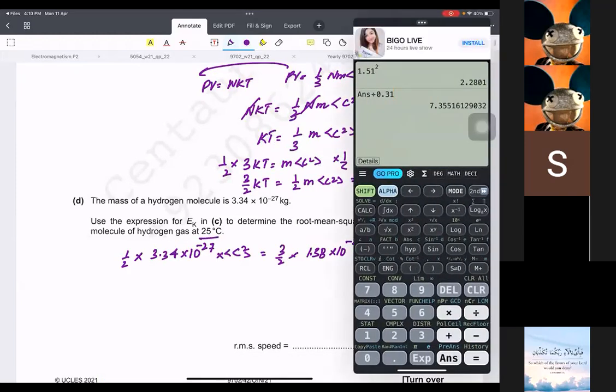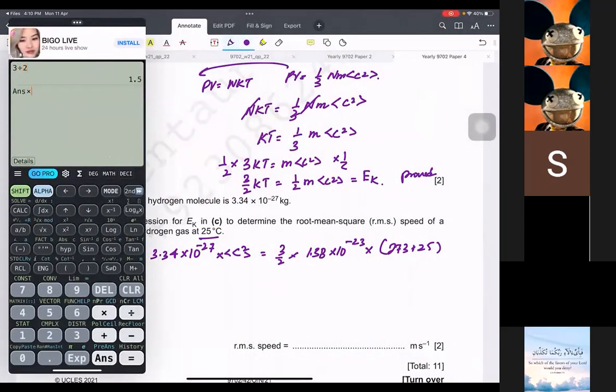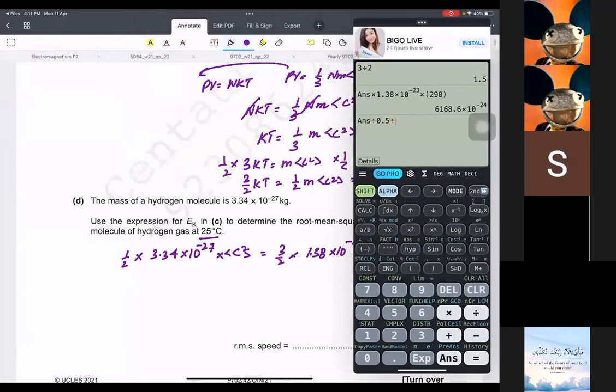So what you do? You got to do 3 divided by 2 multiply by 1.38 times 10 raised to power minus 23, and then multiply by 273 plus 25, 298, divided by half, divided by 3.34 and divided by 10 raised to power minus 27.